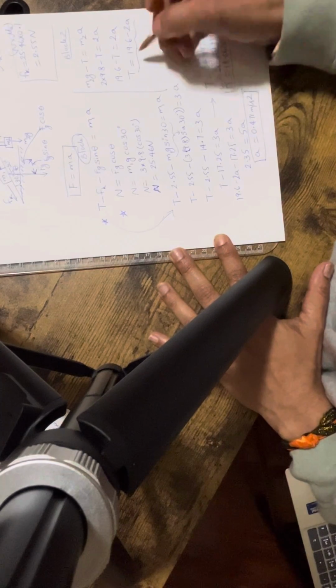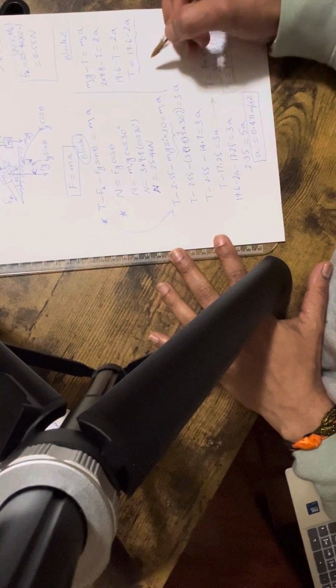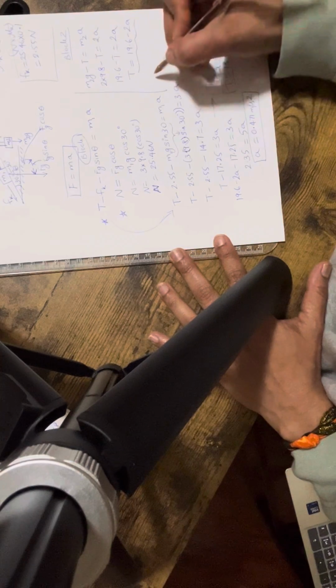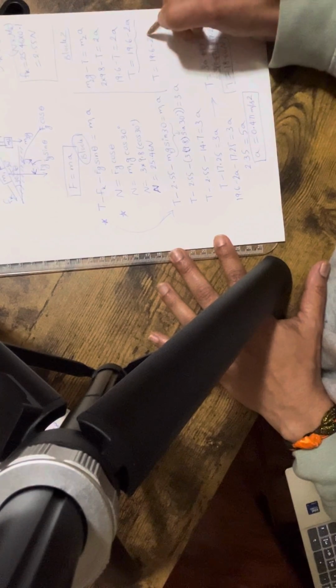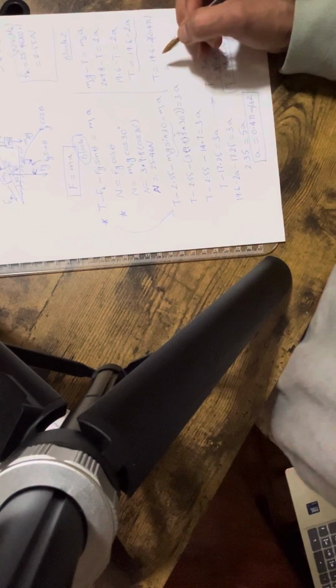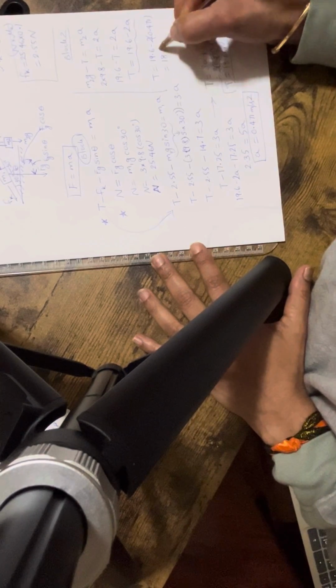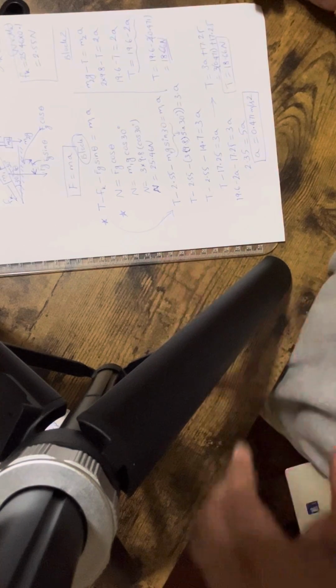You can just verify this as the same if you will get it. So T is equal to 19.6 minus 2 times 0.471 should give you the same answer. So 18.66 newtons, right? That's the tension.